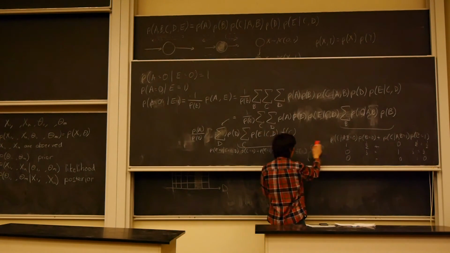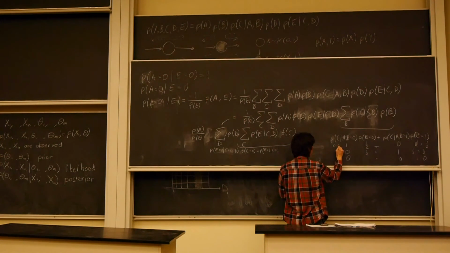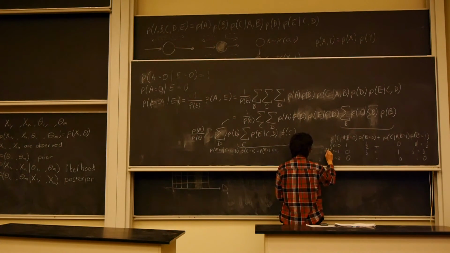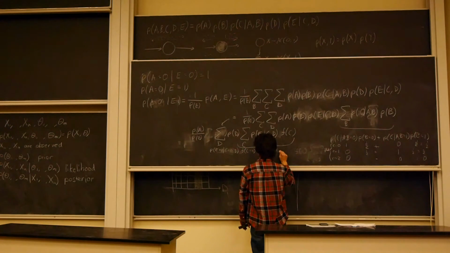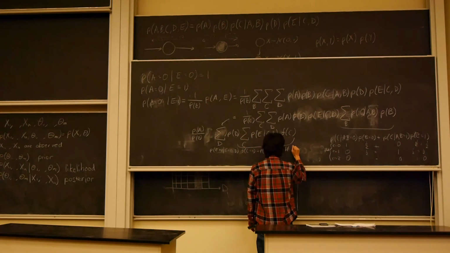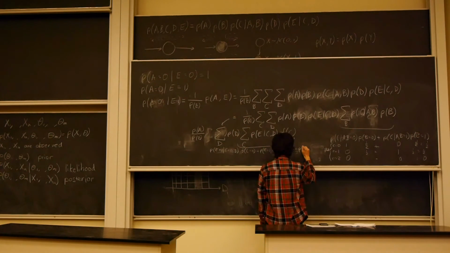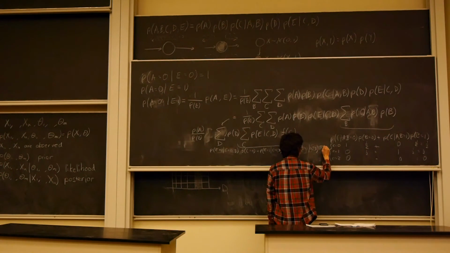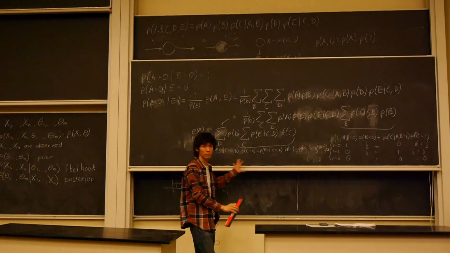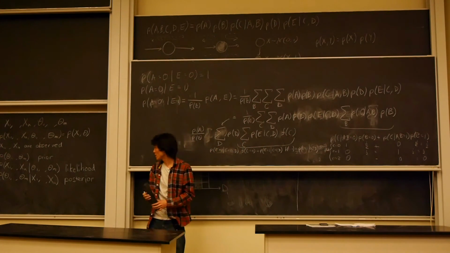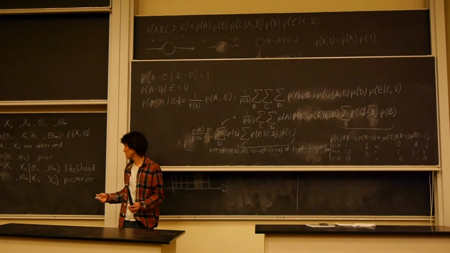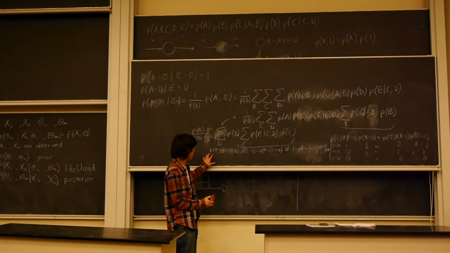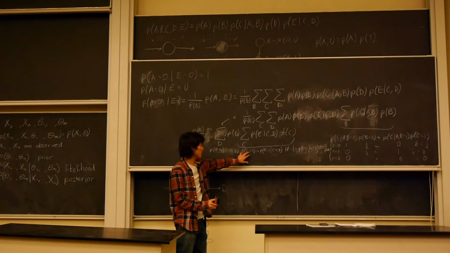I'm just writing out this sum over all the possible values of C. C can take 3 possible values, right? It can be 0, 1, or 2, because it's a sum of A and B, and A and B can each be either 0 or 1. And so I'm just writing this out, substituting the values of C for each term.